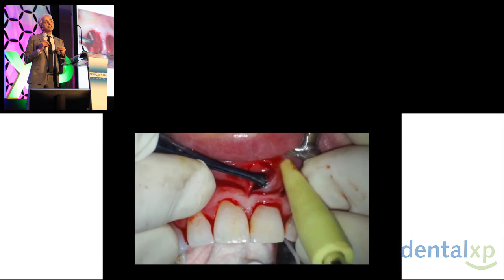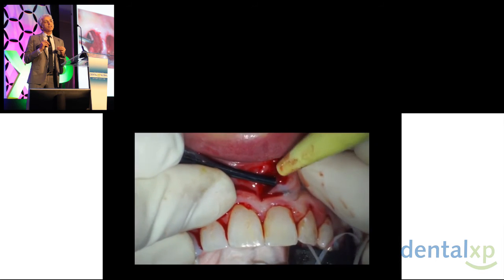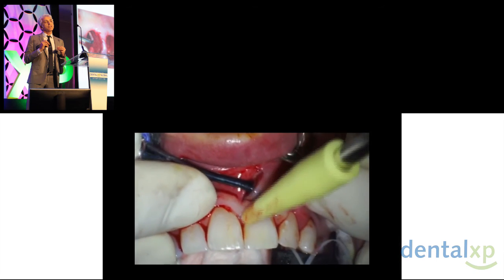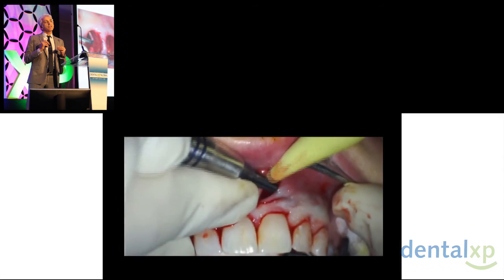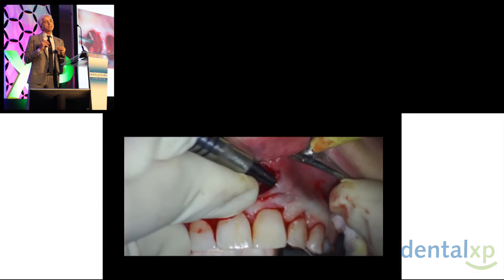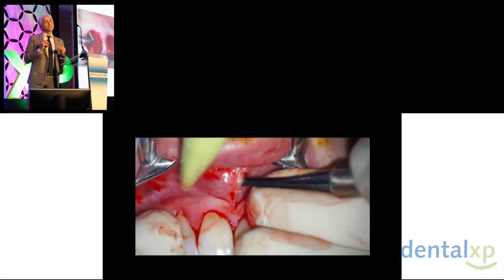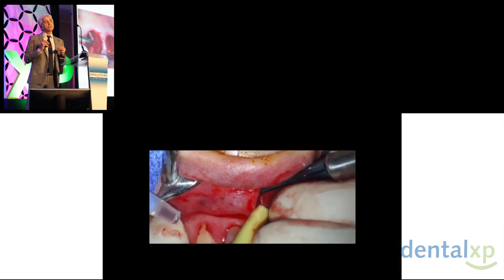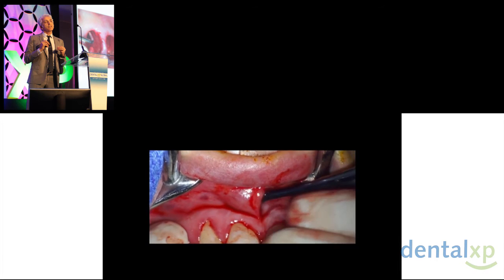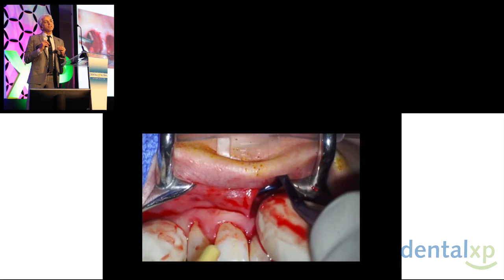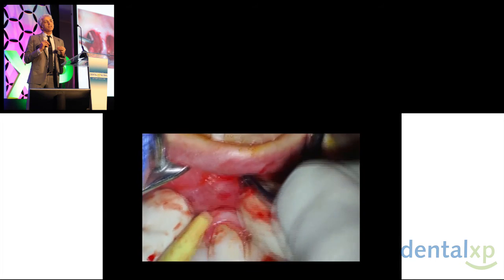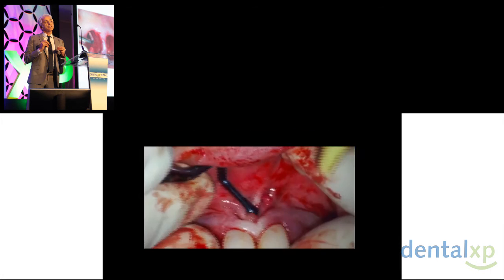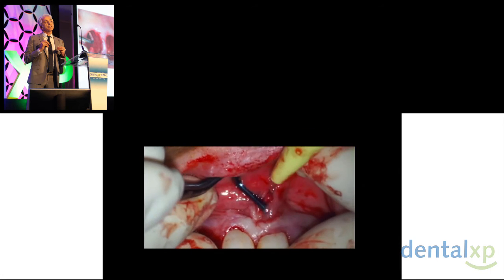The vestibular incision is made right in the midline frenum, and I'm dissecting all the way to the molar region using that single incision. If necessary, you can always make additional incisions. A subperiosteal tunnel is made, and then the mucosal margins are coronally advanced, achieving tension-free closure.